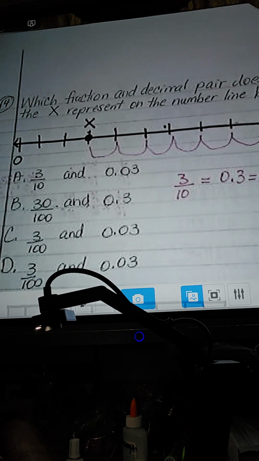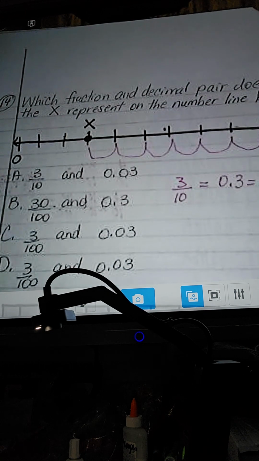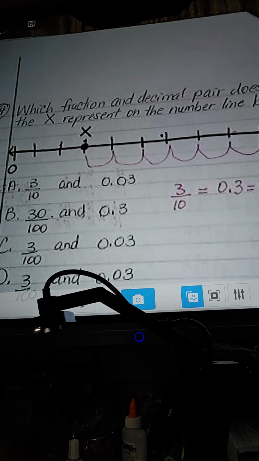Could it be another decimal? 0.30. So what's our answer? A, B, C, or D? B. Oh, B as in boy?